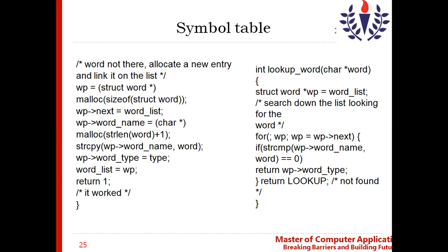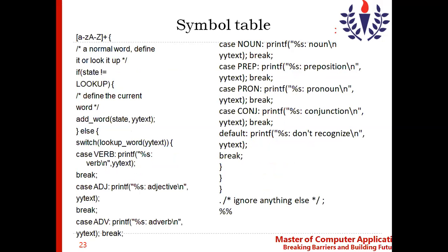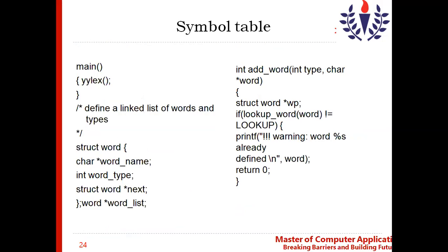When lookup word returns the value, whether it is a 1 or 2 or 3, it will get the value over here in the switch statement and check it against the different cases, the different options. Based on which number it matches, it will display the value. So this is how it works when you have input with two different options: one is passing the type of the word and the word list, and the other is the word which needs to be searched for.